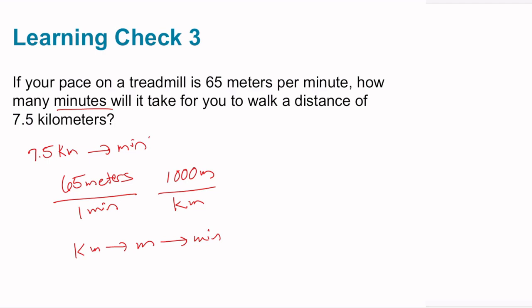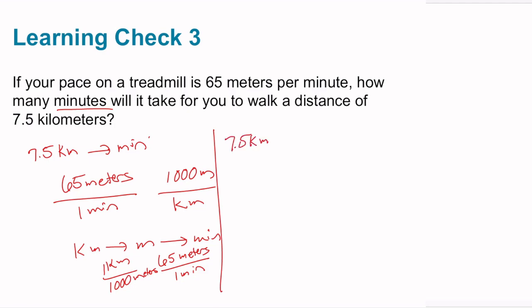So we'll use the conversion factor on the right: 1 kilometer is equal to 1,000 meters. And then the one on the left, 65 meters per 1 minute. All right, so let's get started. We're starting with 7.5 kilometers.